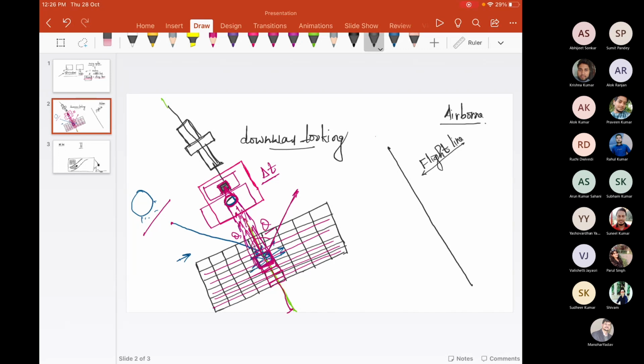Now across the flight line, we have an area strip. What is our aim? Our aim is to map an entire strip in one flight line. Entire strip means a certain width across the flight line.